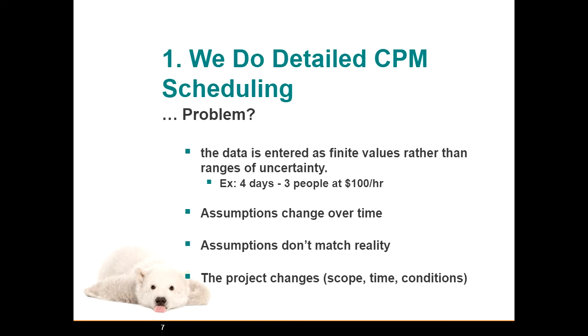We plan to do that work in the middle of summer, and now we've got to do it in the middle of winter. So instead of taking 3 people 4 days, it's now going to take 3 people 5 days. Or we estimated this 5 years ago when the price was $100 an hour, and now the price is $150 an hour. So things change, and we need to make sure that we're building those uncertainties into our models.